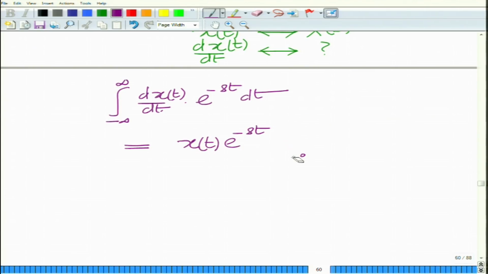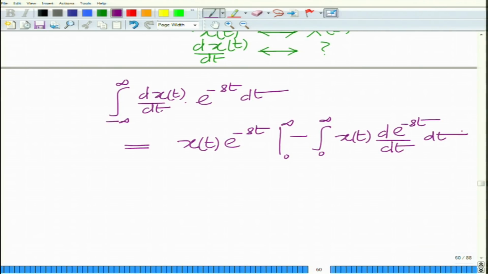Of course, the first term has to be evaluated between the limits minus infinity to infinity, minus the integral of x of t times the derivative of e raised to minus s t with respect to t, dt. Now, look at this x of t e raised to minus s t evaluated between the limits minus infinity to infinity.